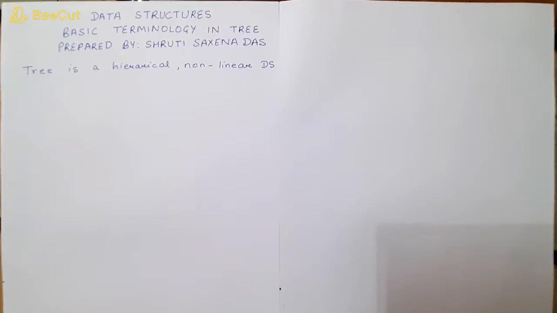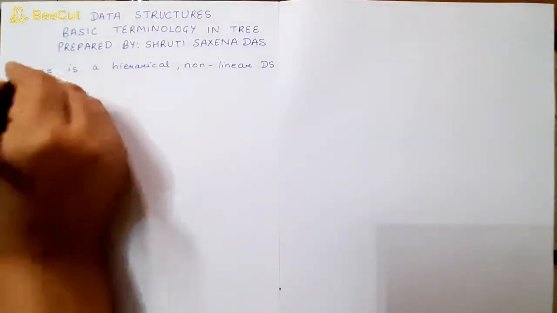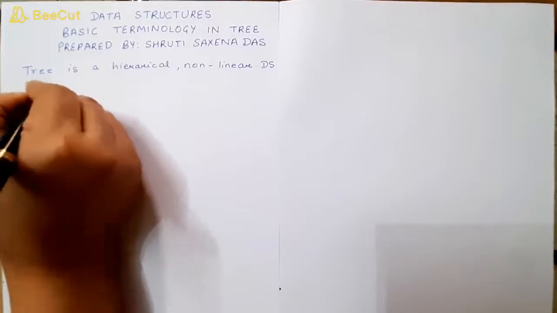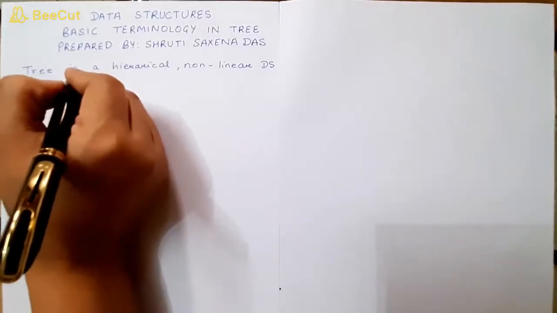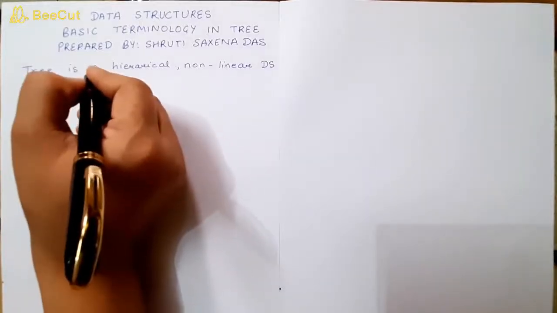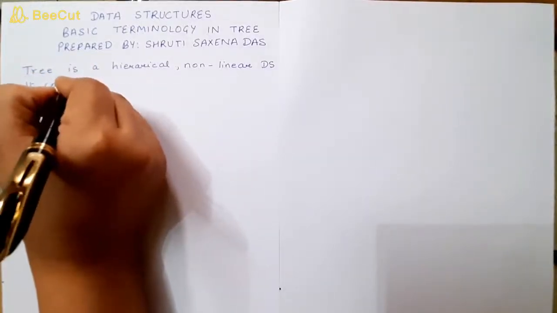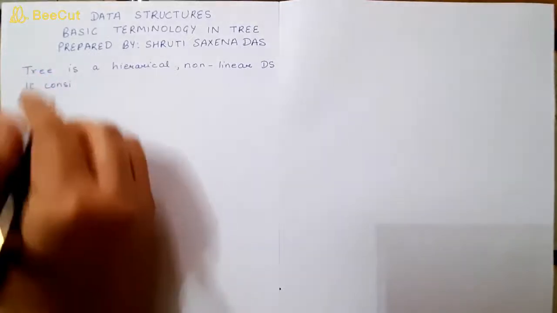Here we'll have one node which is known as the root, which is your topmost node, and the rest of the tree will be divided into a left subtree and a right subtree.